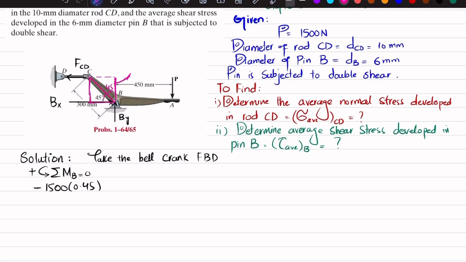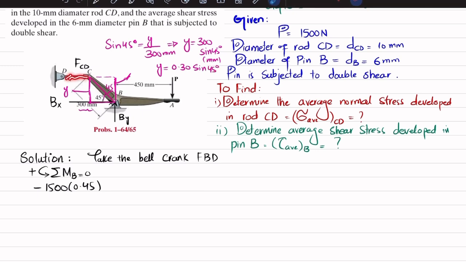This is the perpendicular distance. So if you take sine of 45 degrees, and let this be y, it will be y divided by CB, which is 300 millimeter. So y will be equal to 300 times sine of 45 degrees, and the unit will be millimeter. If you want to convert it into meter, it will be 0.30 sine of 45 degrees.